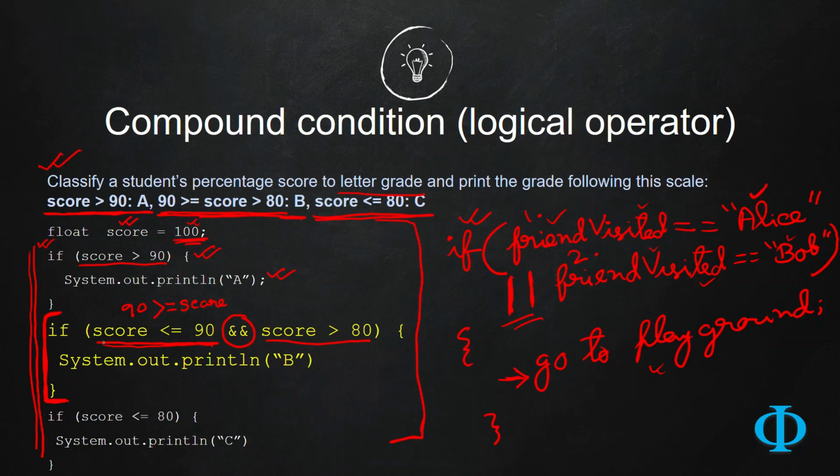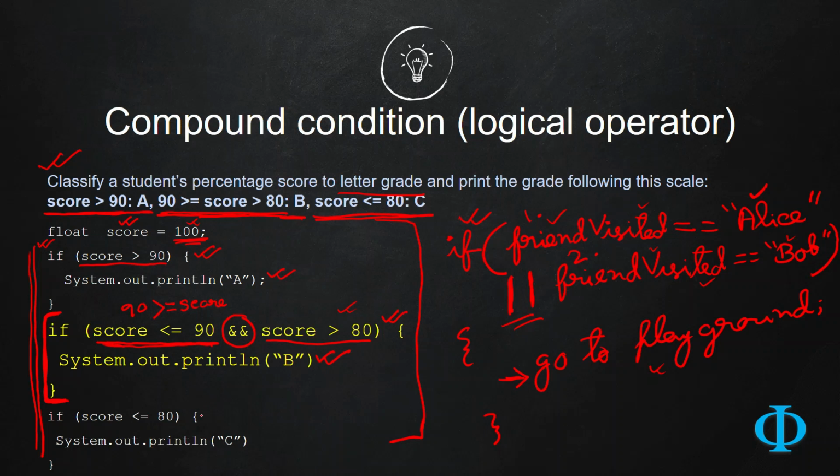That is, with this entire compound if condition over here, that is, score is less than or equal to 90 and score is greater than 80, it is representing the fact that score is in between 90 and 80. And if it is in between 90 and 80, you have to print B. So that's a compound if condition over here.